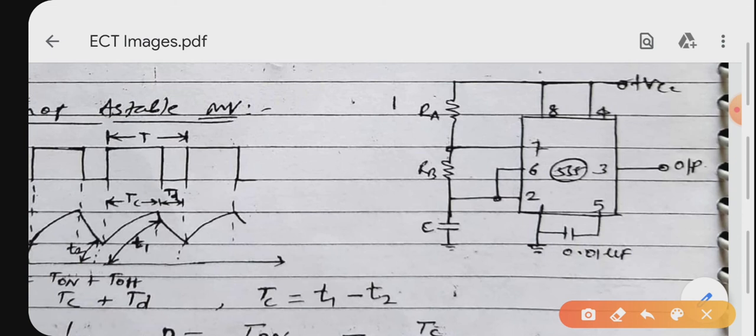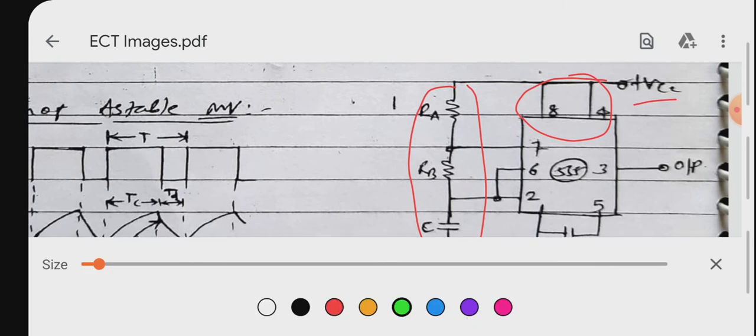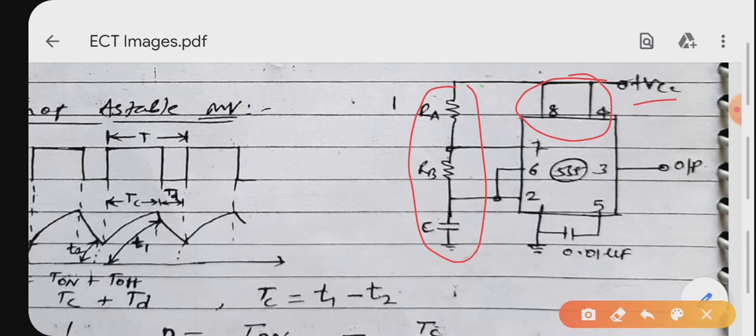Okay, here you can see the circuit diagram also. Pin number 8 and 4 are connected together, given to plus VCC. RA, RB and C, these are the external resistors and capacitor which decide the timing. So time constant T is equal to RC, where R is nothing but the combination of RA and RB, RA plus RB is nothing but R, and this C, these two will decide the timing.